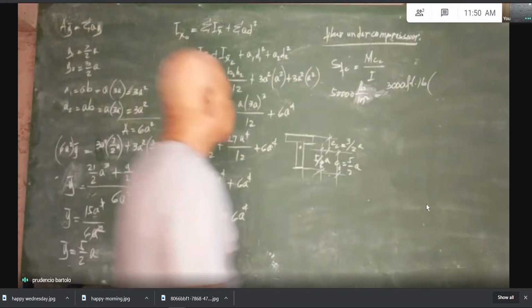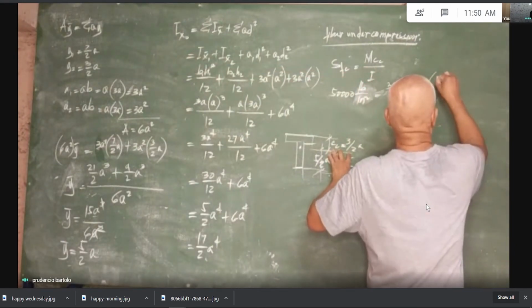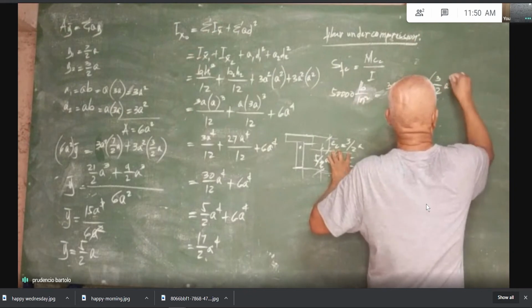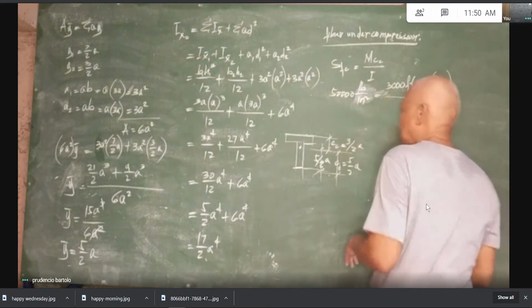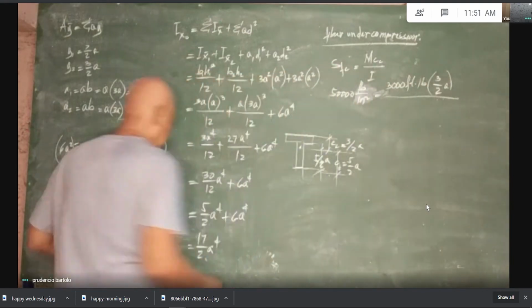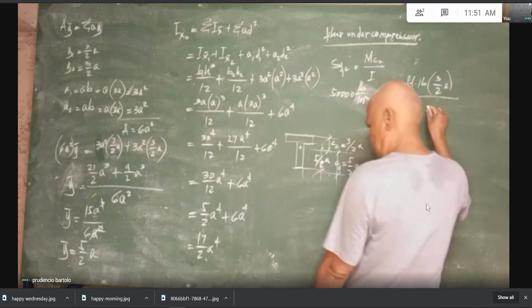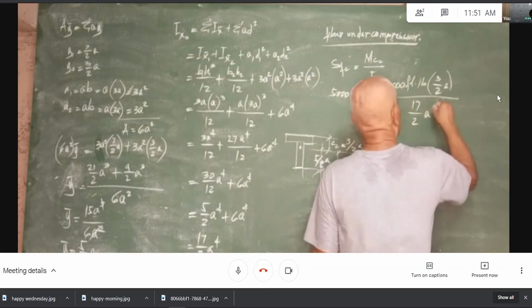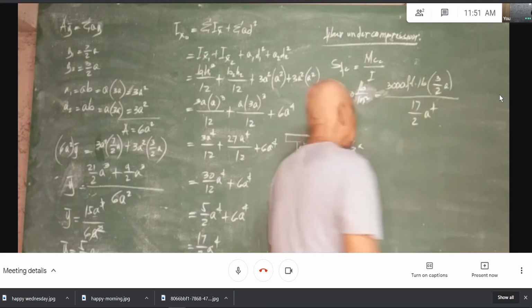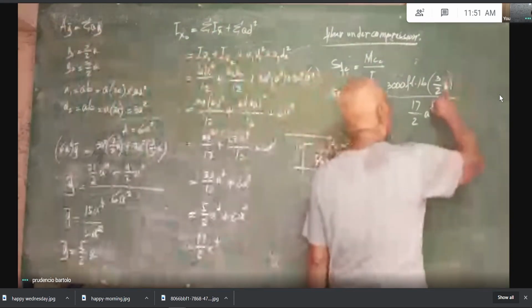So substitute values, C under compression, that is 3/2 of A, all over the moment of inertia, that is 17 over A to the 4. So we can cancel out 1A in here.